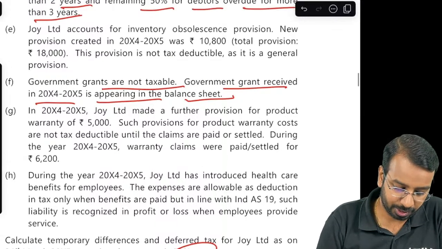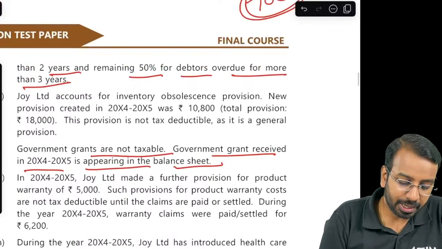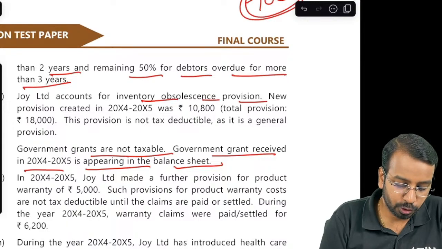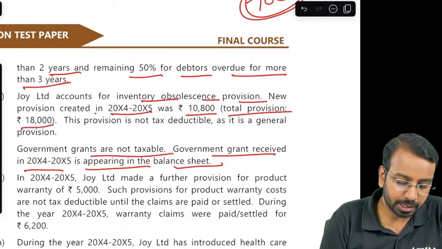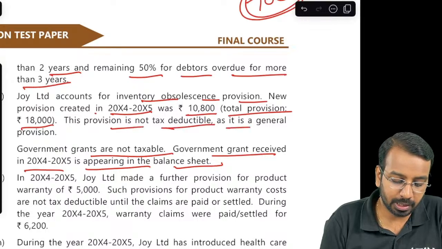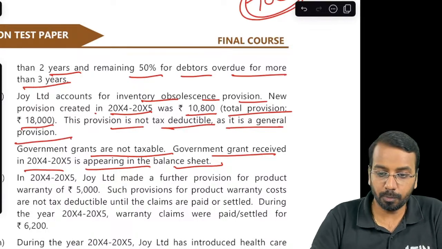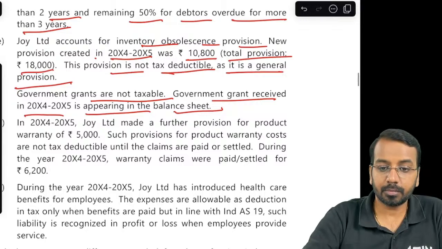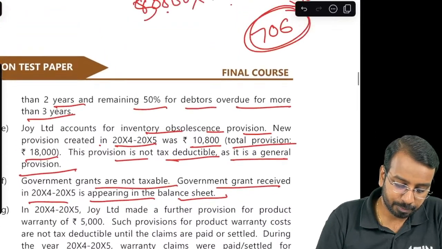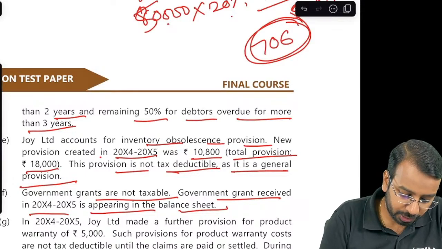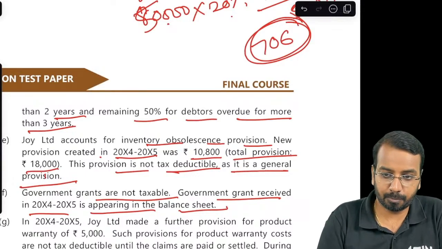deferred tax asset or deferred tax liability. Joy Limited accounts for inventory obsolescence provision. New provision created in year 4.5 was 10,800. Total provision 18,000. Provision is not tax deductible as it is a general provision. So when it comes to provision for inventories, you have deducted a provision for inventories of a total of 18,000.